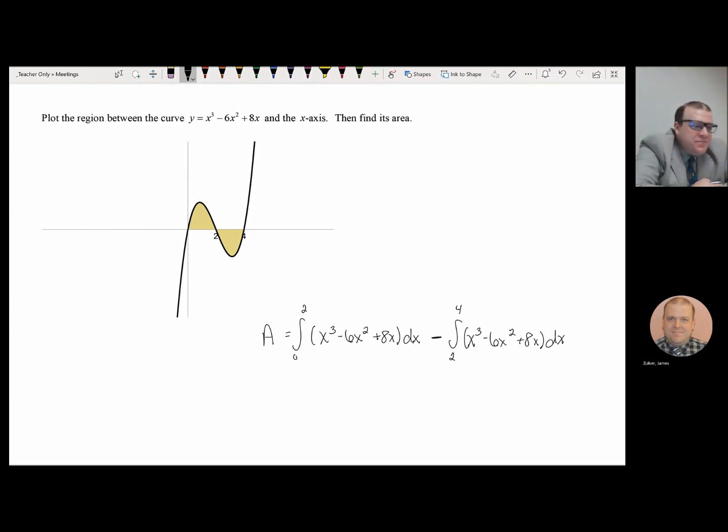Yep, there's your setup. This is again a fairly simple integral to do.